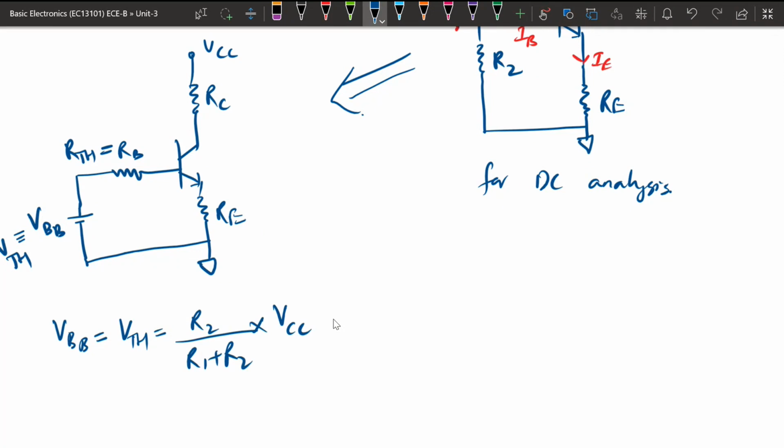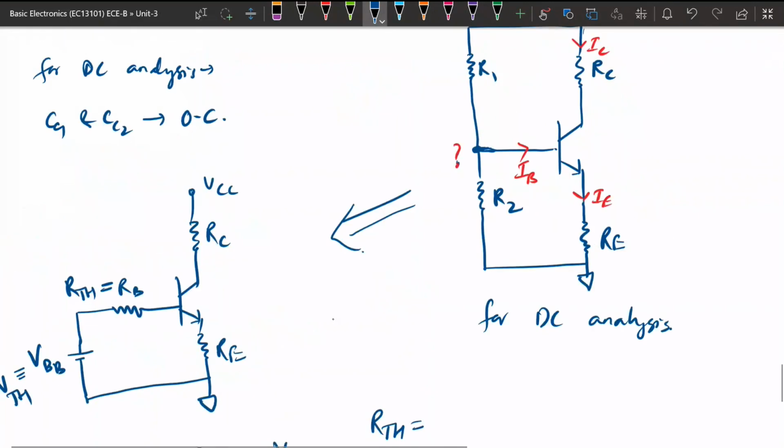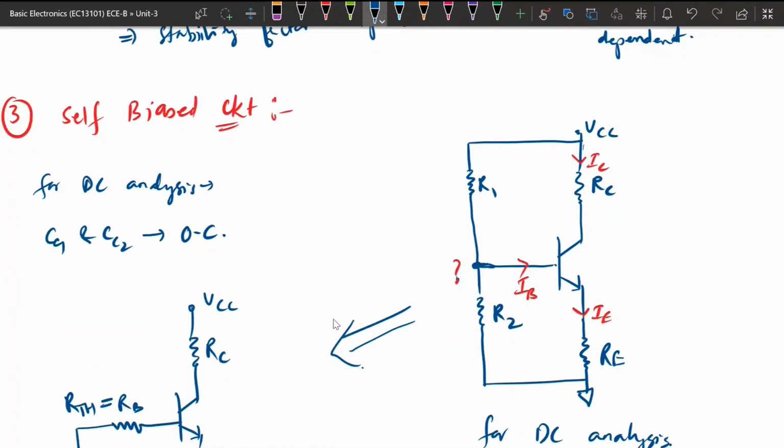So this will be your VTH, and similarly the Thevenin resistance equivalent. There are two resistances, R1 and R2. To find the Thevenin resistance, we need to make the voltage source zero. So this resistance is connected to zero, and this resistance is also connected to zero.